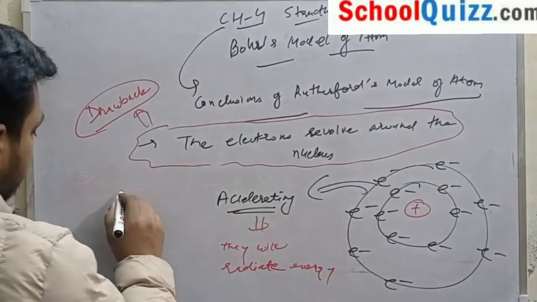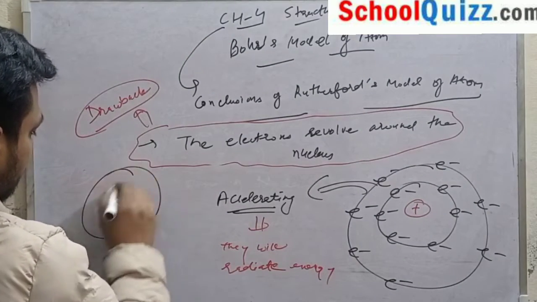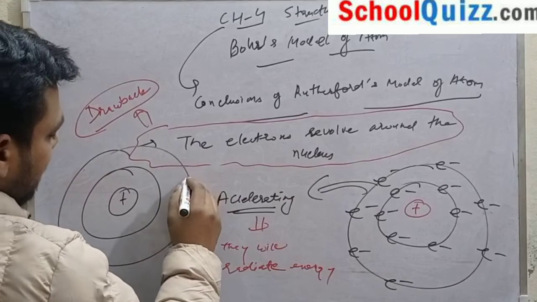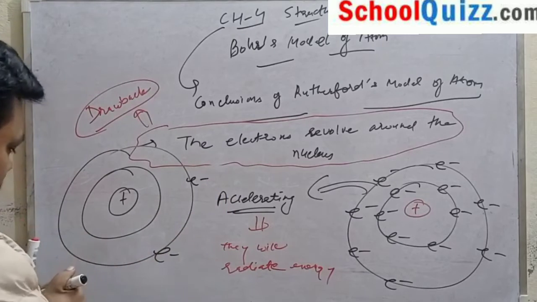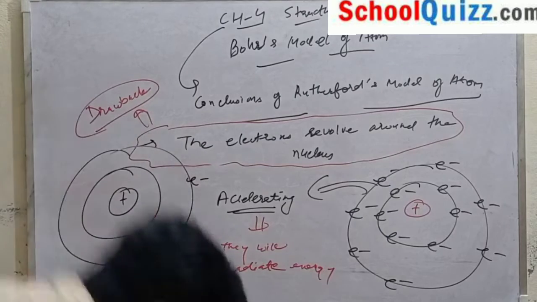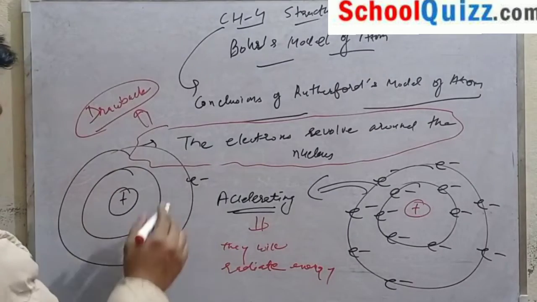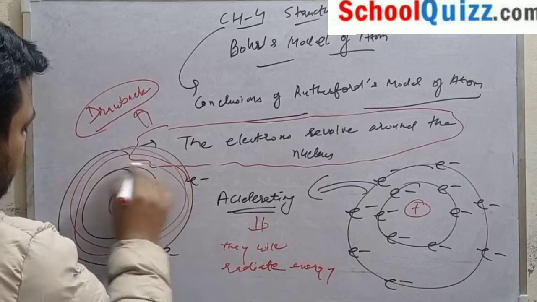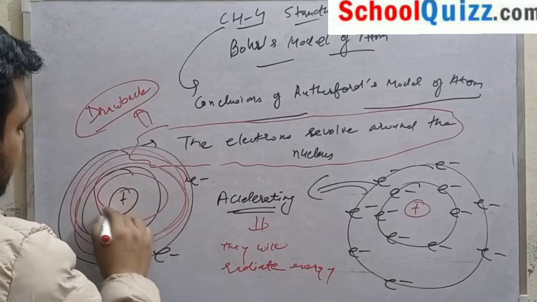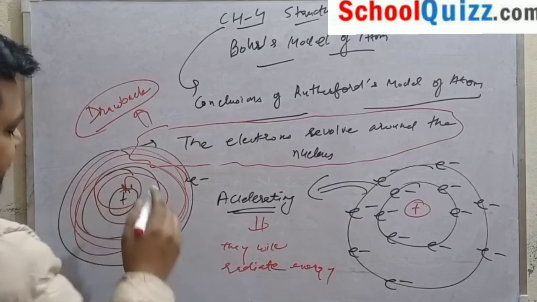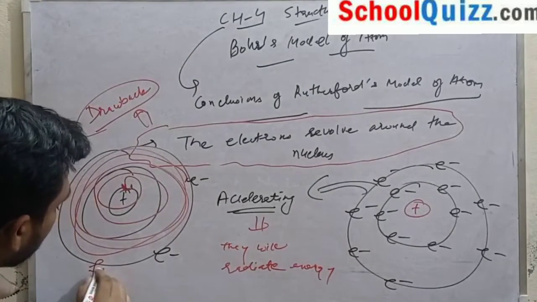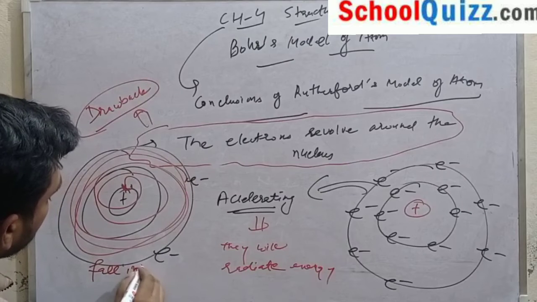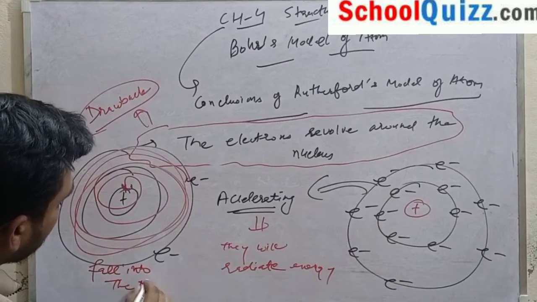For example, these are electrons. They are constantly moving. Then one time arises when they fall into the nucleus. They will lose energy and fall into the nucleus.